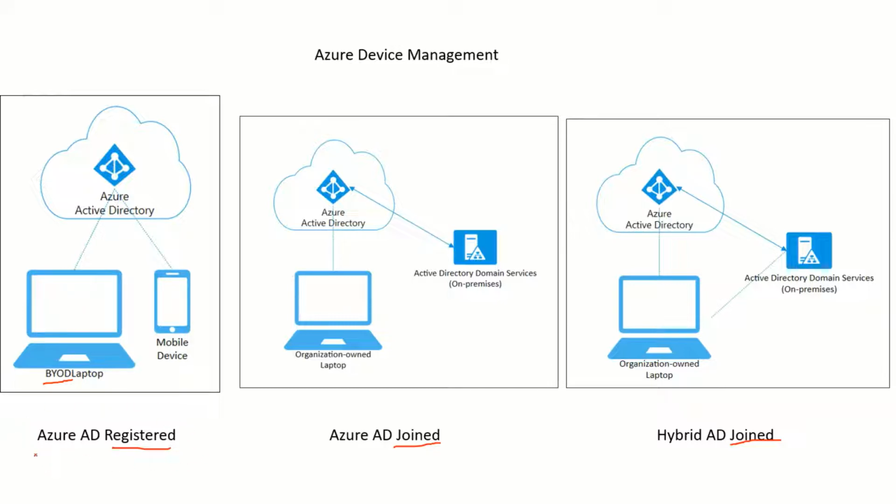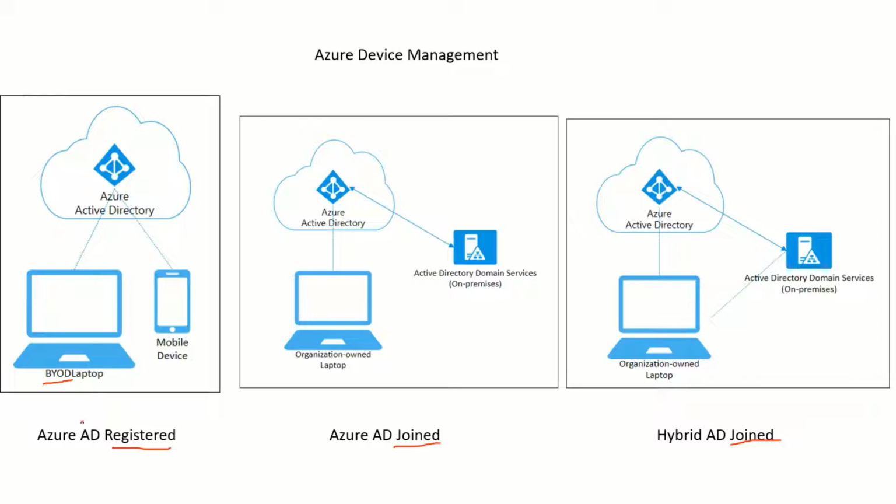The Azure AD registered type has limited actions only. For example, you cannot log in using your organizational account. When you switch on your laptop, it asks you to enter your username and password, and there you can't use your organization username and password.